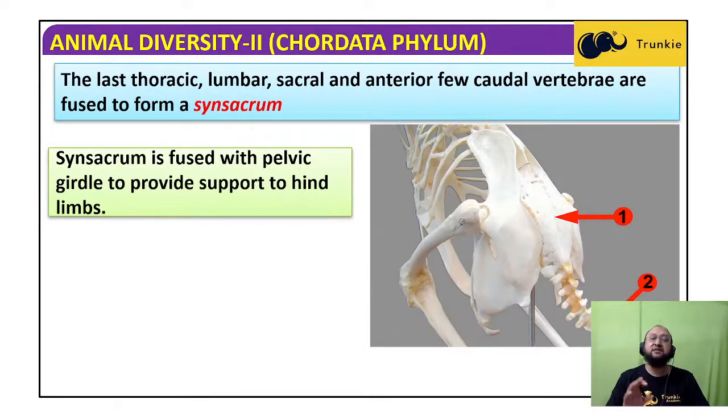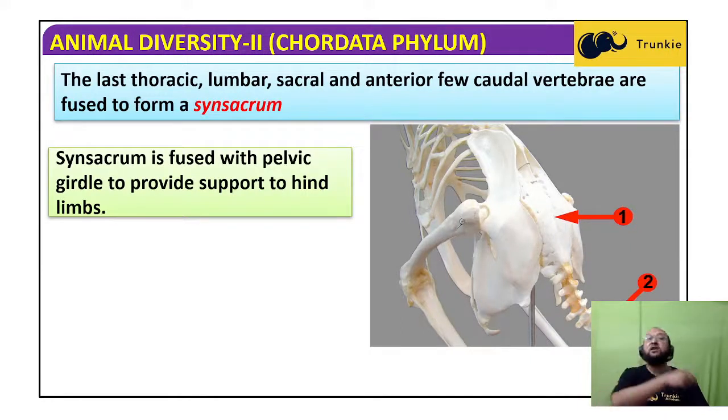But in birds, class Aves, the lumbar vertebra, sacral vertebra, and thoracic vertebra are fused. Why fused? This is also due to adaptation for aerial mode of life, like the pneumatic bones, like the air cavities and hollow bones to reduce the weight of the bird.